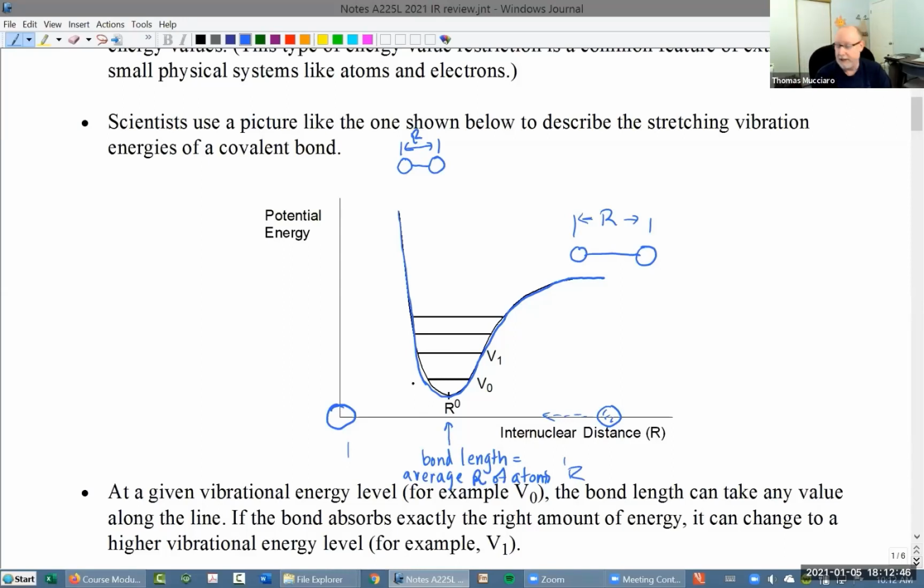Okay, so here's the point. Remember, I told you they're only allowed to exist at certain potential energies. So this would be the lowest one. Then this is a potential energy. Then this is a potential energy. So what this means is they're going to vibrate between certain fixed allowed distances, but the speed of their vibration will be constant.